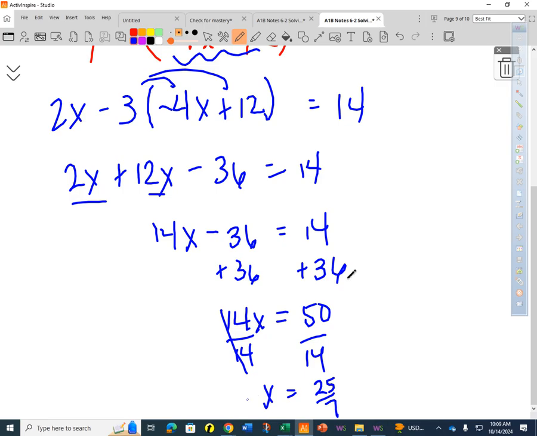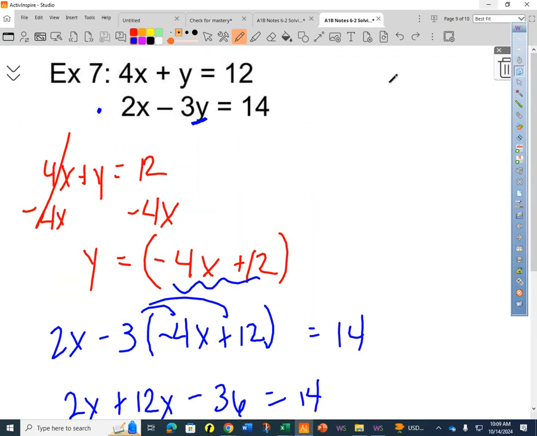So we don't like to work with fractions. So remember we have a trick for that. But our x coordinate, so we know now there is only one solution. We know it has to be an ordered pair. And we know the x-coordinate is 25/7. So we're going to go up here and put in our x spot 25/7. Now we've got to figure out what our y is.